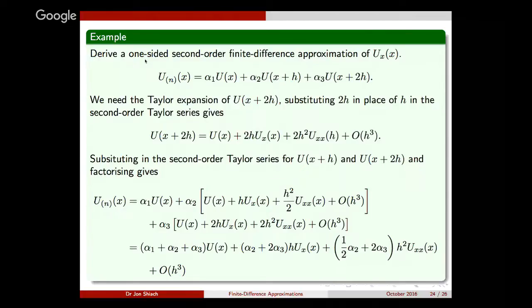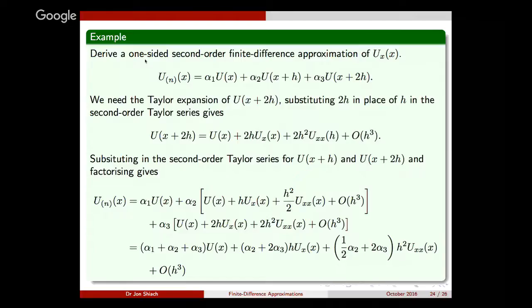My first order derivatives, I've got 0 times alpha 1, but I've got h times alpha 2, and I've got 2h times alpha 3. And my second order, I've got 0 times alpha 1, h squared over 2 times alpha 2, but I've got 2h squared times alpha 3.